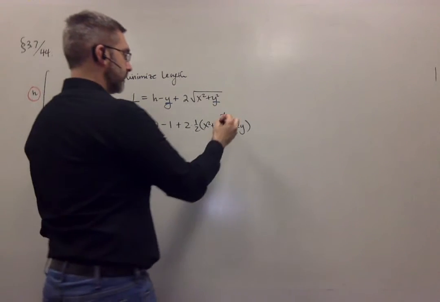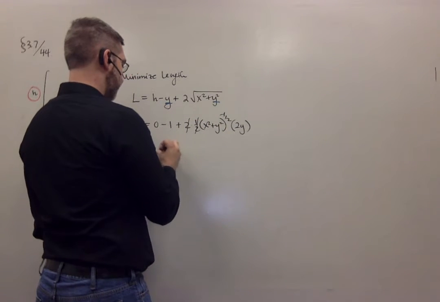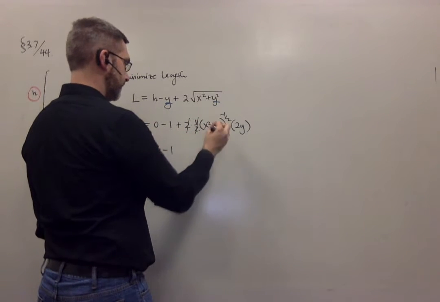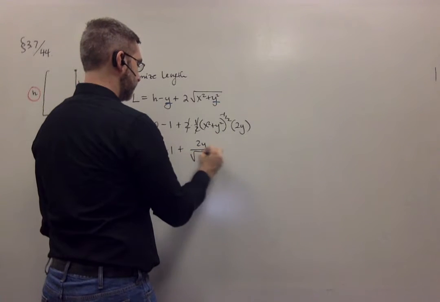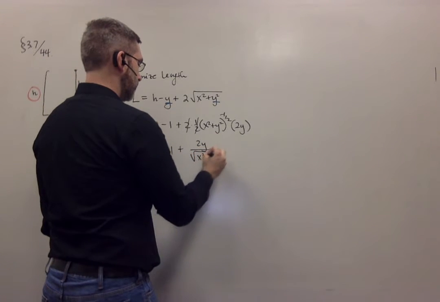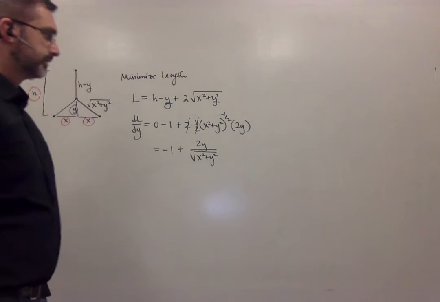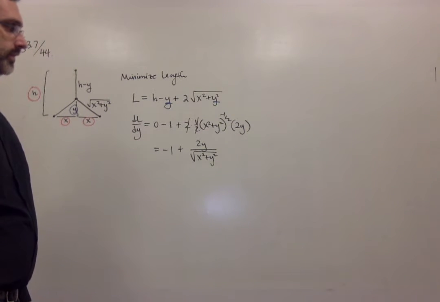All right. If I cancel these halves and rewrite a little bit, I've got 2y on the top, and then this square root on the bottom. Okay.